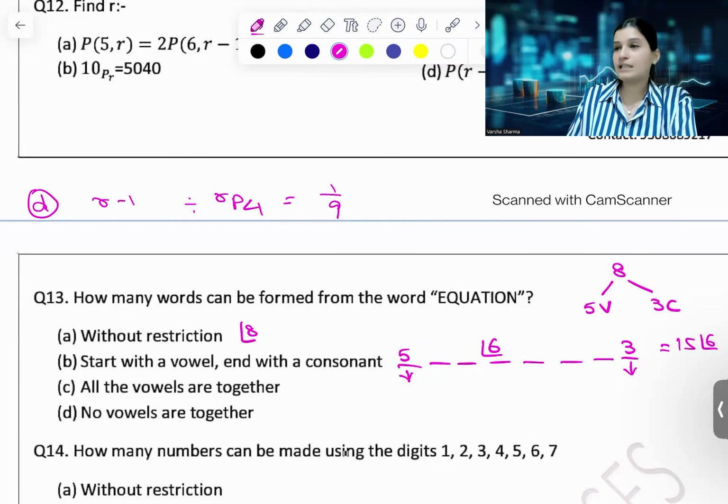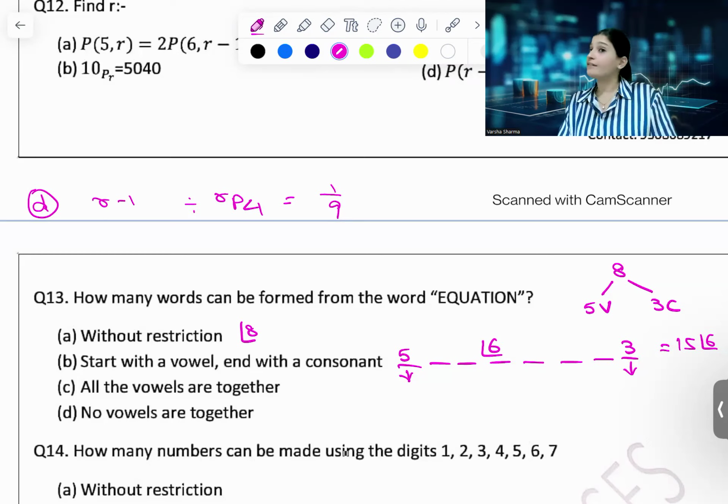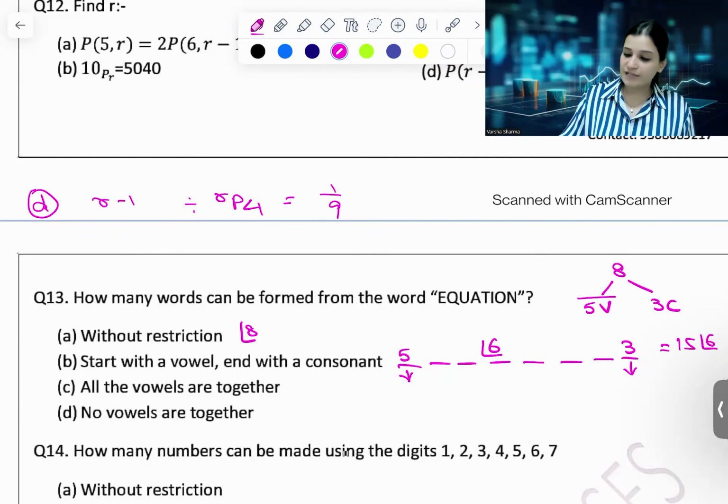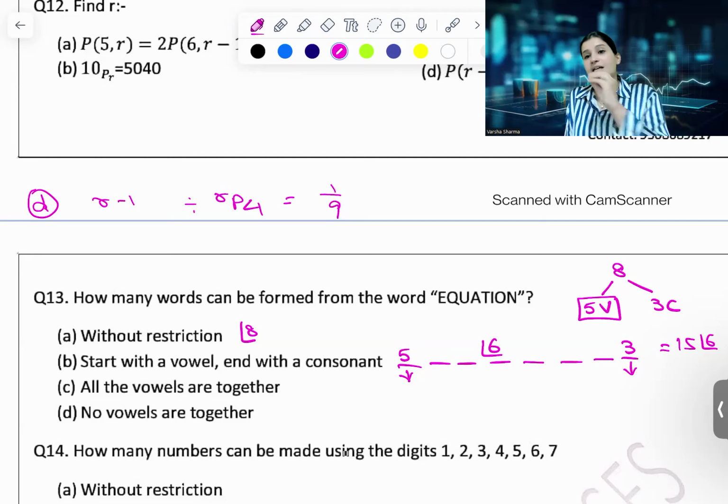Yes. Now, all the vowels are together. All the vowels means all the 5 vowels have to be together. So whichever letters we want together, what do we do? We treat them as a bundle. So all the 5 letters will now be treated as a bundle. So we have 3 consonants and we have this bundle.